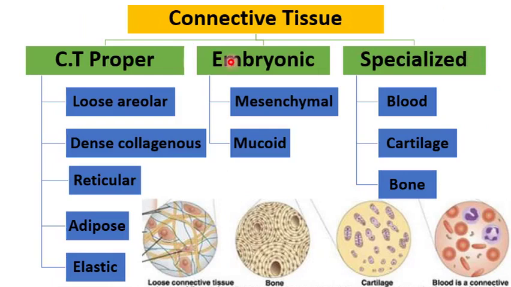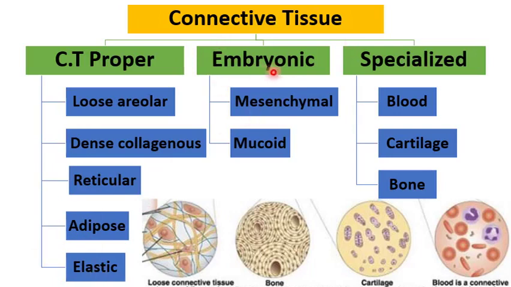Connective tissue has many types: connective tissue proper, embryonic connective tissue, and specialized connective tissue. First, connective tissue proper. It has many types: loose areolar connective tissue, dense collagenous connective tissue containing collagenous fibers, reticular connective tissue containing reticular fibers, adipose connective tissue containing fat cells, and elastic connective tissue containing mainly elastic fibers.